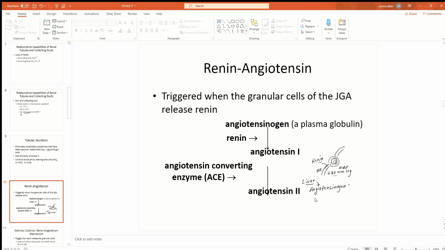So blood has this protein angiotensinogen, okay, and this renin that is secreted by the granular cells here will work on this angiotensinogen, okay. So renin will work on it and will do what? Will convert the angiotensinogen to angiotensin 1.